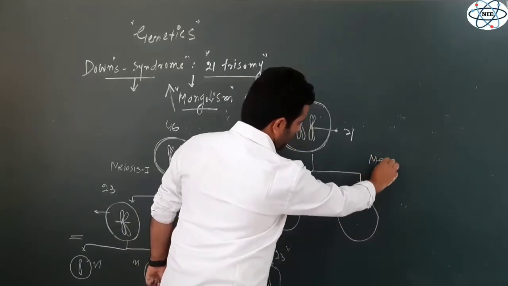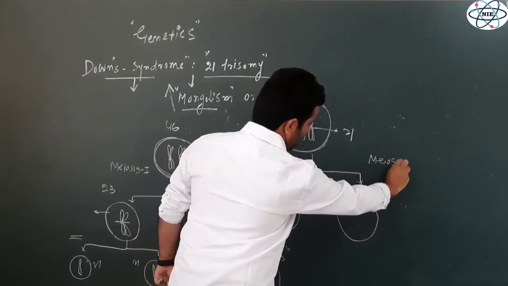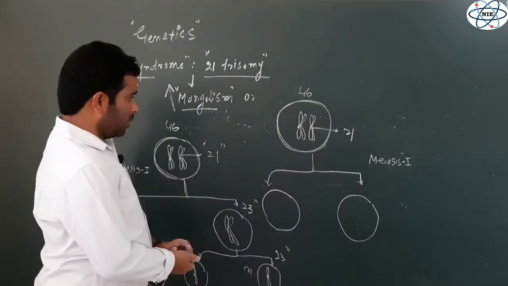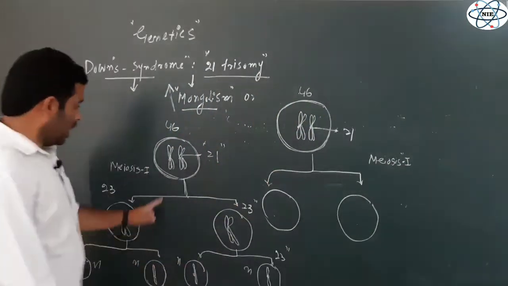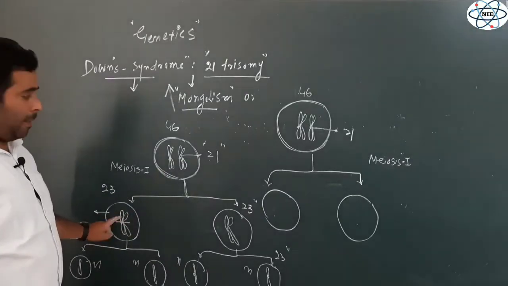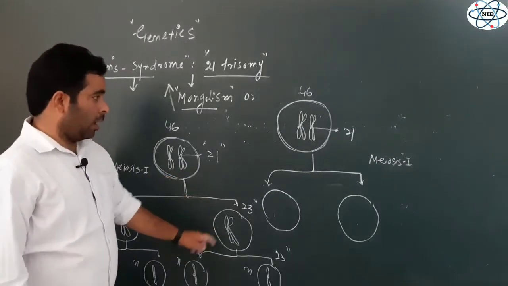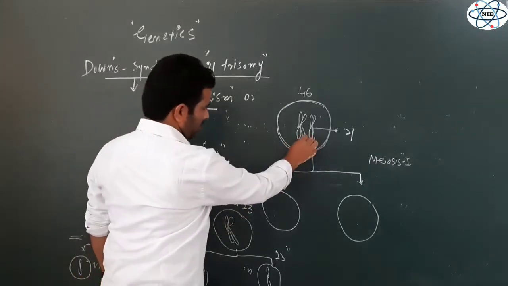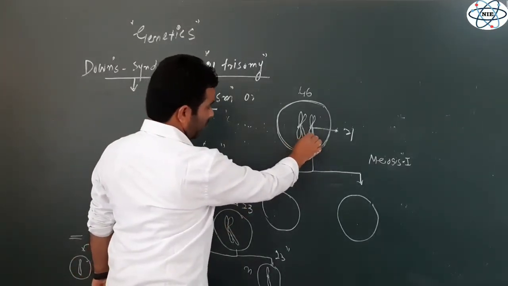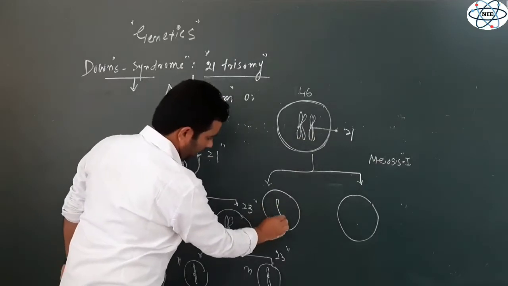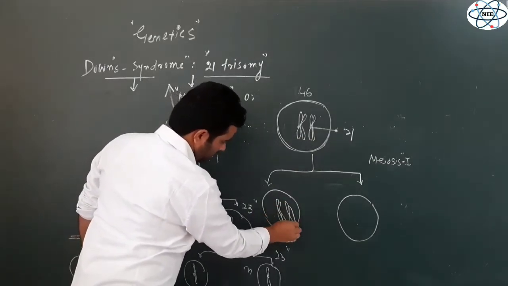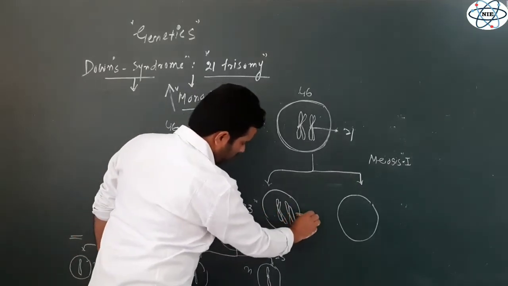Meiosis first has taken place and is completed. Normally this chromosome should go to this cell and this chromosome should move to the other cell, but that is not happening. Instead, both copies of 21 are received by one cell. This cell is receiving both the copies of 21.